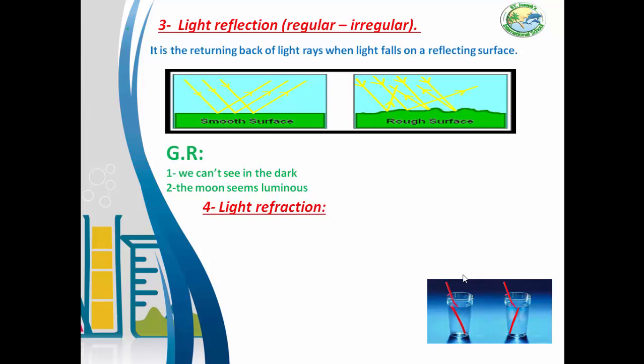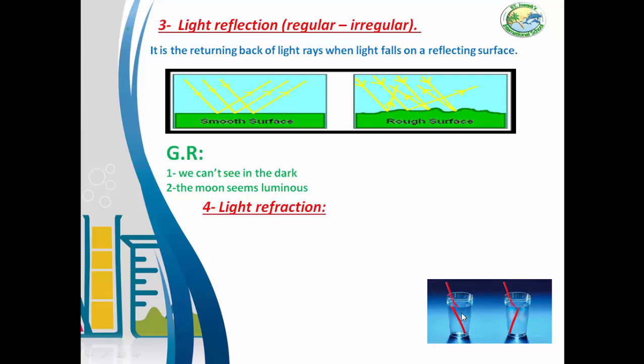I will ask you a question: can you run with the same speed in air and in water? Of course not. We run in air faster than in water. That's what happens with light. So when light moves from air to water, the speed changes, so the direction changes.